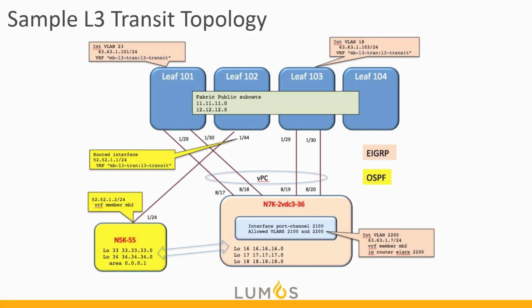So when we create our SVI, we're going to create a single IP address on leaf 1 of 63.63.1.101/24, and on leaf 3 as 63.63.1.103/24.